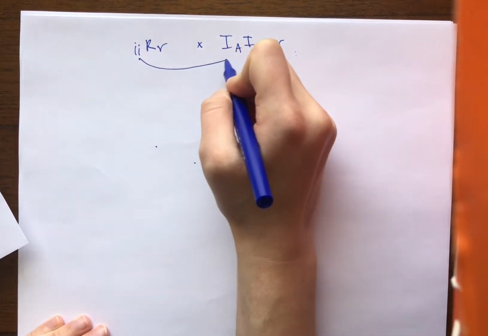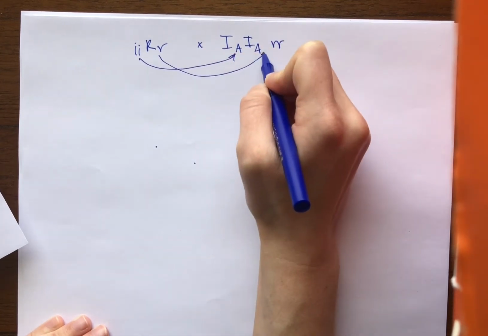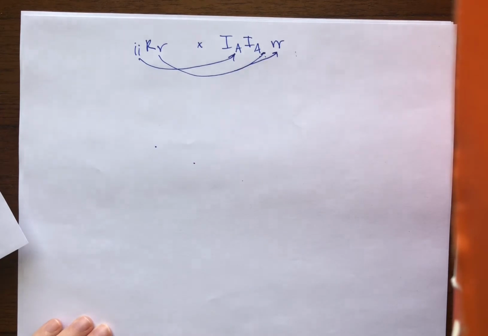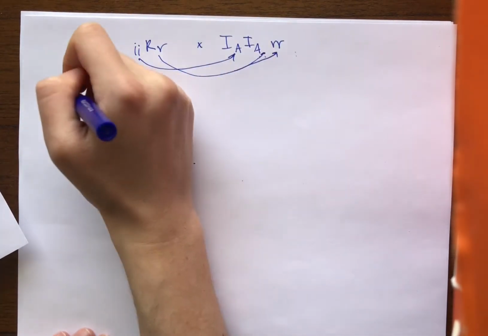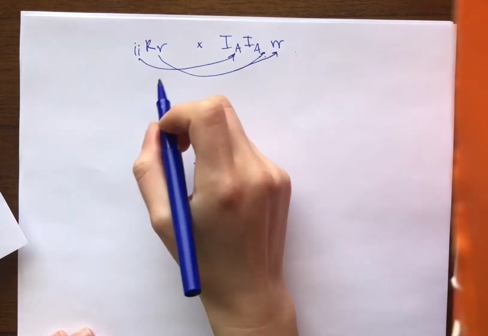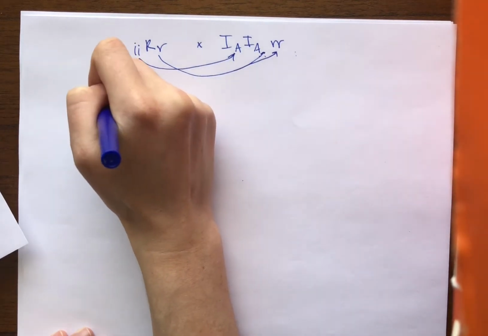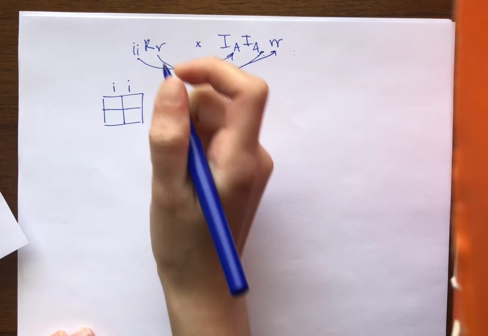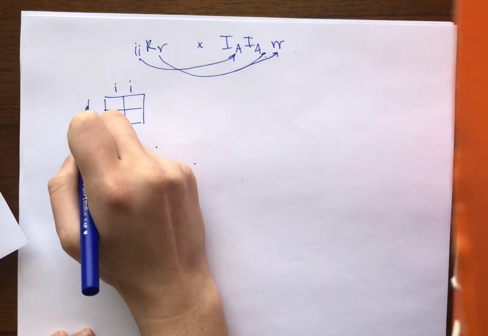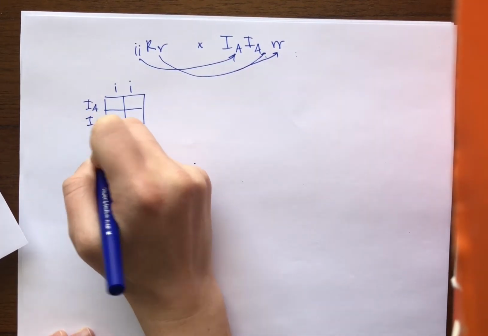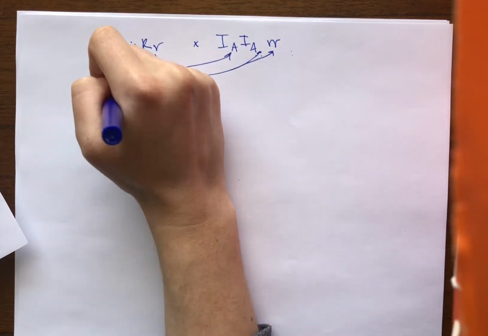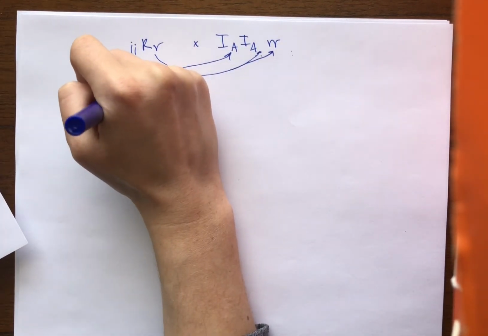First thing we do is a single cross between each gene. So we cross the I's for the woman and man, using the information we have.